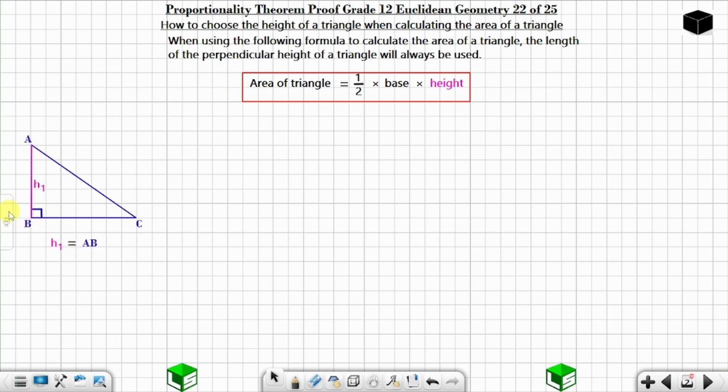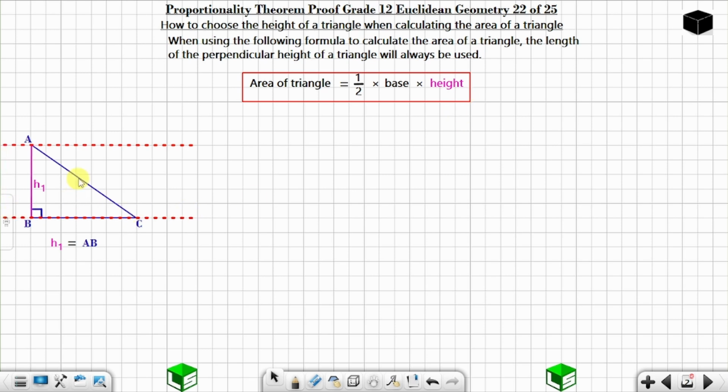If you draw a line that coincides with the base and you draw another line parallel to this line passing through this vertex, you can have a line as this one perpendicular to this line. This is also the height that you can use in this formula.